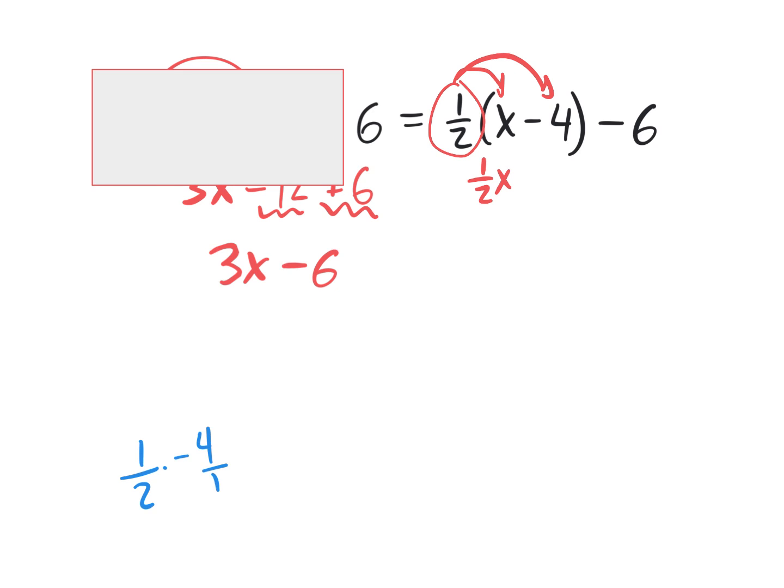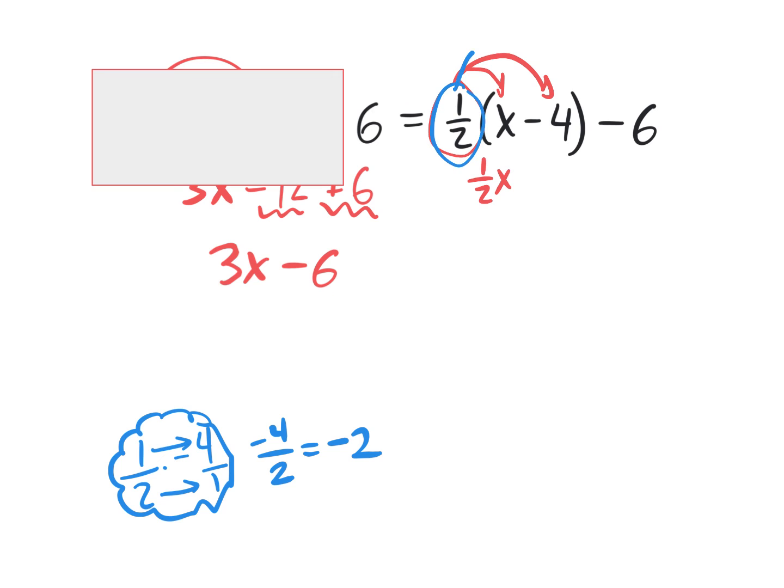Well, put that -4 over a 1, and you can multiply the top with the top and the bottom with the bottom. Obviously, 1 times -4 is -4, and 2 times 1 on the bottom is 2. So what we really end up with is -2. This is the work that we had to do when we distributed the 1/2 times the -4, and we got -2. So let's put a -2 right there.